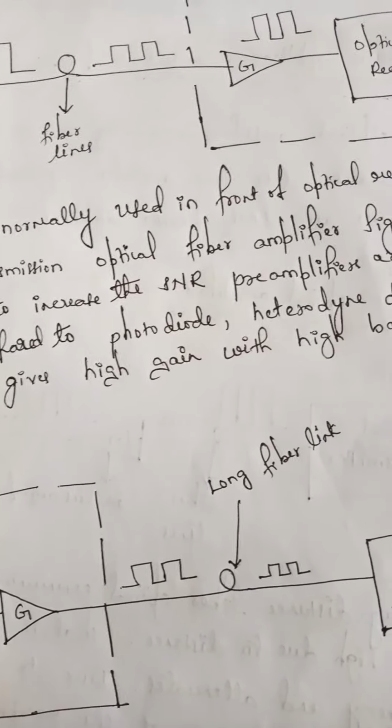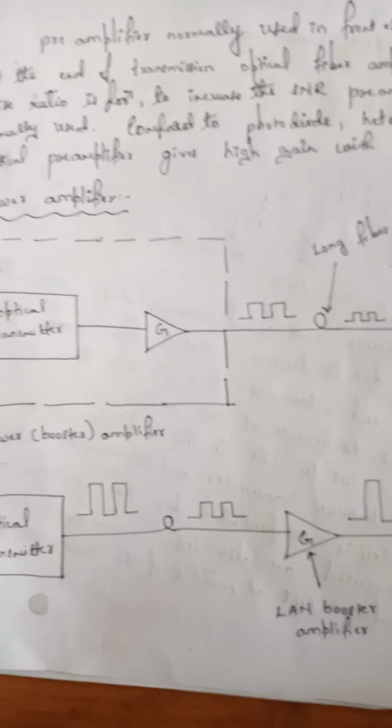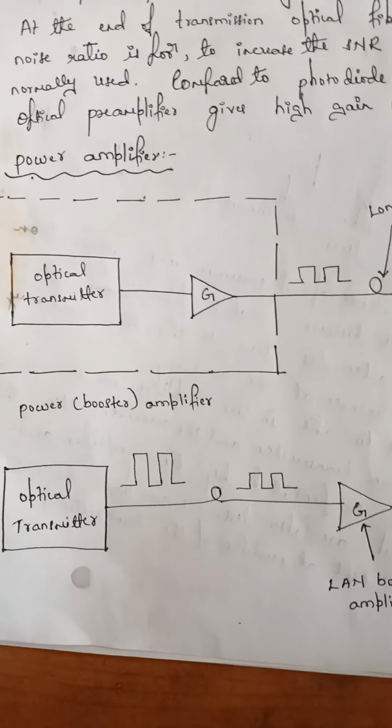This is a figure of the third type of application of the optical amplifier, the power amplifier, which comes just in front of the optical transmitter. And the fourth figure is of the LAN booster amplifier, which comes in front of the star coupler at the receiver end.